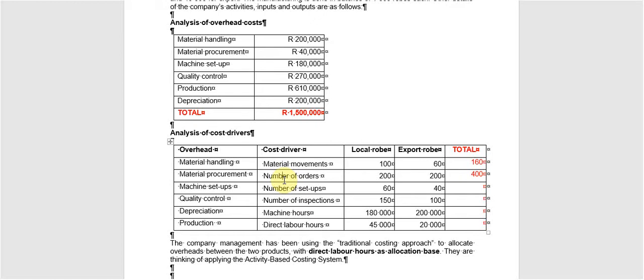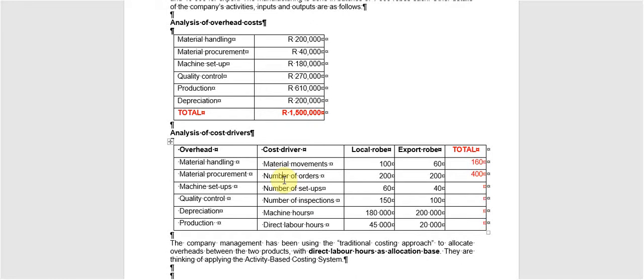Then the number of setups relates to the machine setup cost. The number of inspections, of course, relates to the quality control cost. The machine hours relate to the depreciation, because depreciation is what? It means that assets lose their value over time because you've been using them. A brand new car is worth more than a car that has been driven.